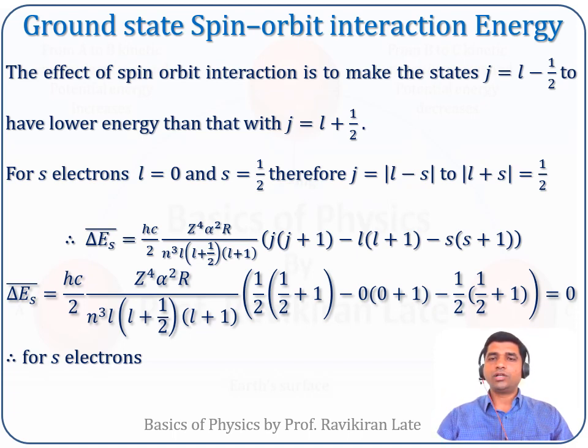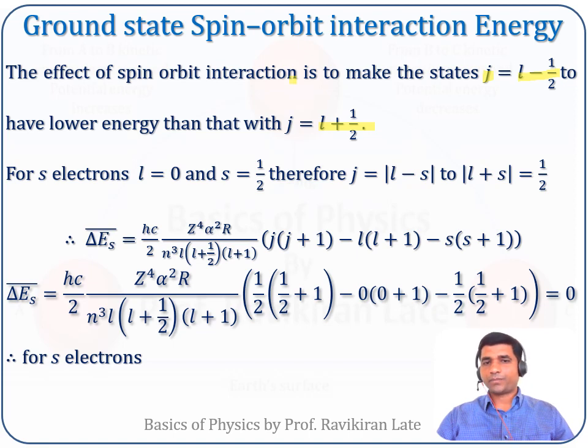So your angular momentum quantum number J can go from L minus 1 half to L plus 1 half. So the effect of spin orbit interaction is to make the state J equal to L minus half have lower energy than the J equal to L plus half state.